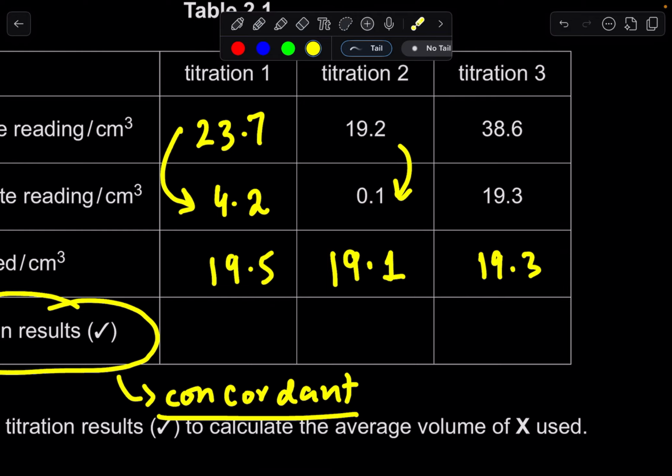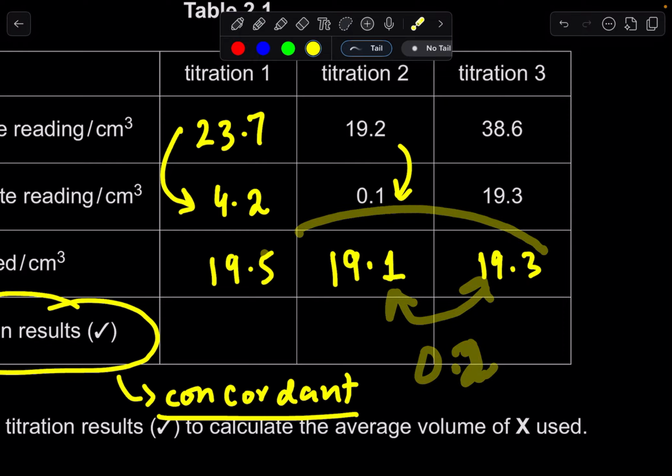Between the results over here and over here, we have a difference of 0.2, and between 19.3 and 19.5 we also have a difference of 0.2.